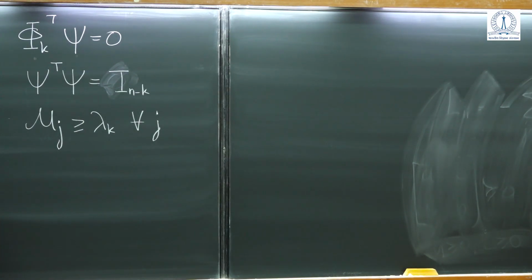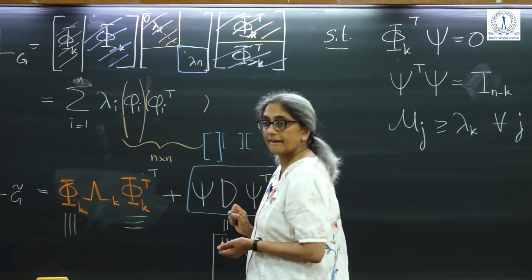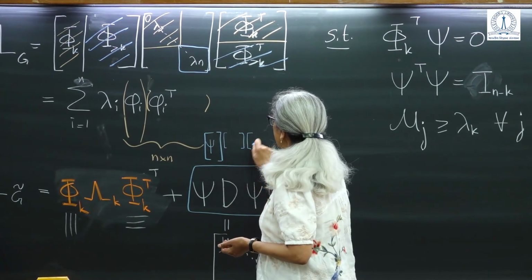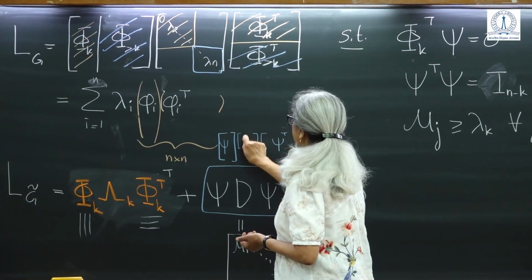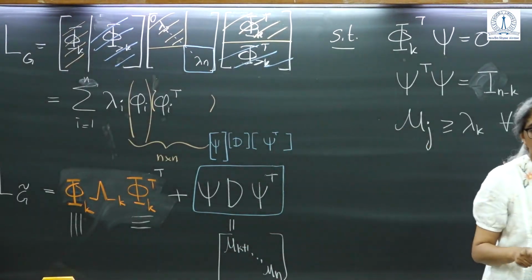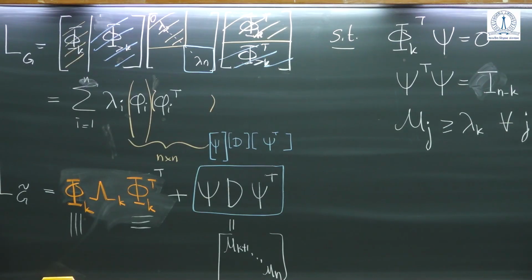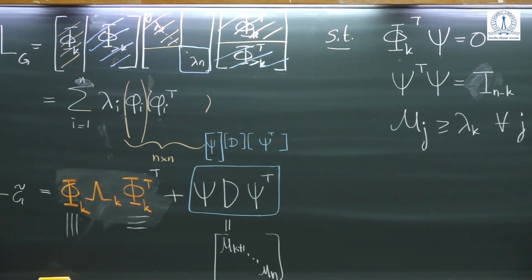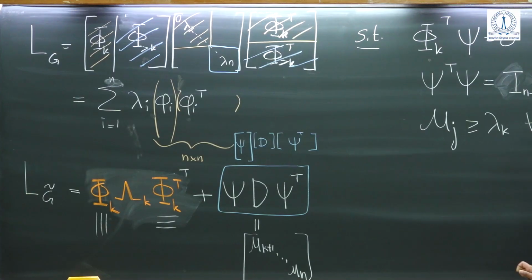So psi will look like this, and then it'll have a D, which is small, and then it'll have this psi transpose, which will look like this, right? So this is psi transpose, and this is D. But it's true that when you multiply psi with psi transpose, you'll get something n by n. True. Correct. Yeah. Okay, everybody okay so far?